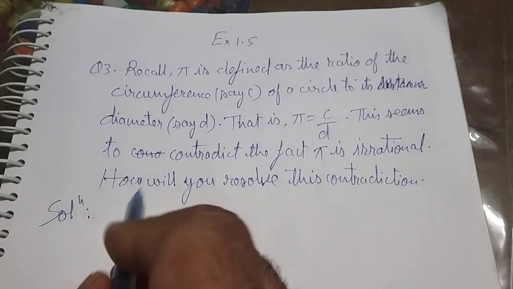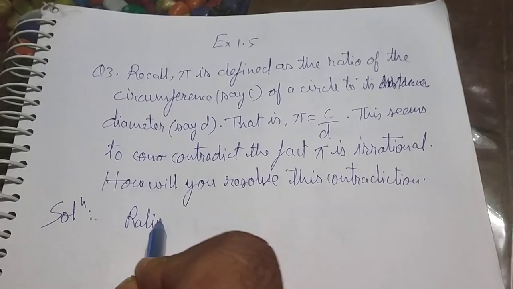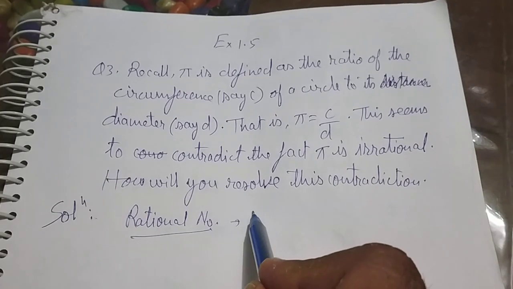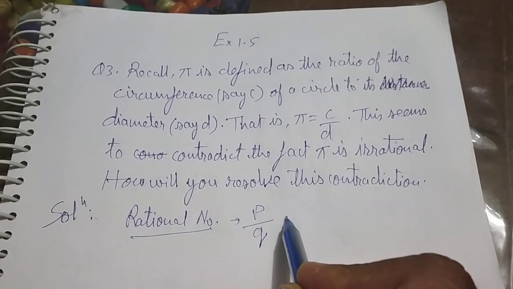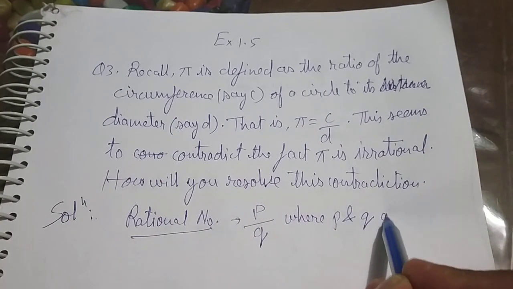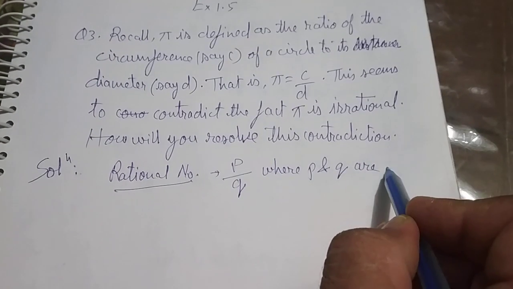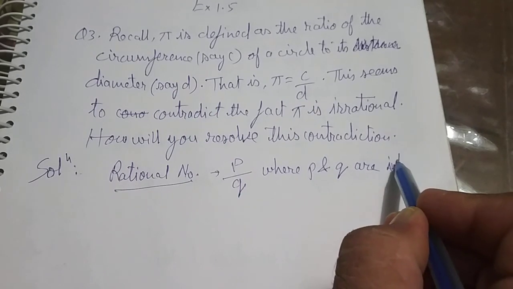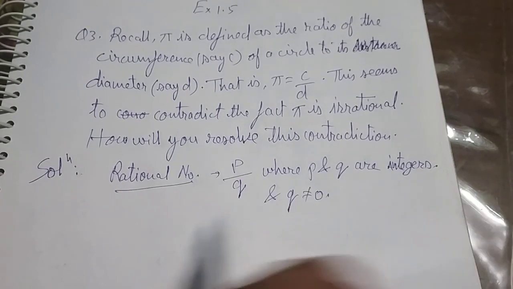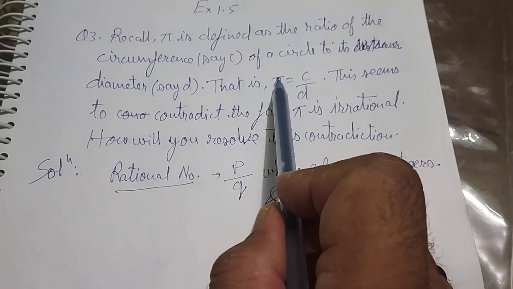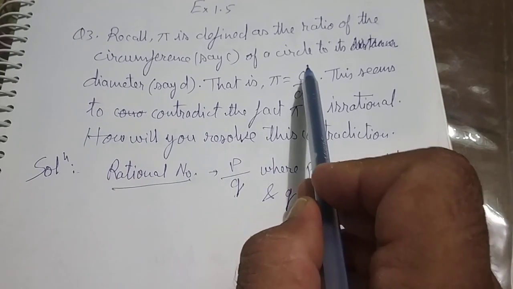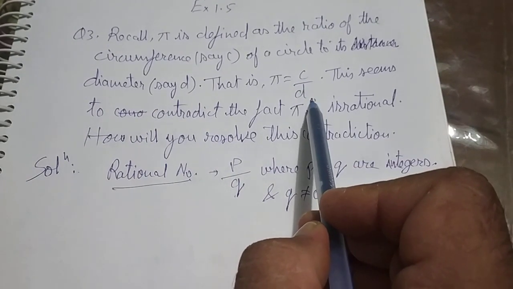Pi is a ratio of the circumference of any circle to its diameter. And we know what rational numbers are. Any rational number is of the form P upon Q, where P and Q are integers and Q is not equal to 0. So the value of pi also looks like this, C upon D. C is circumference, D is diameter.